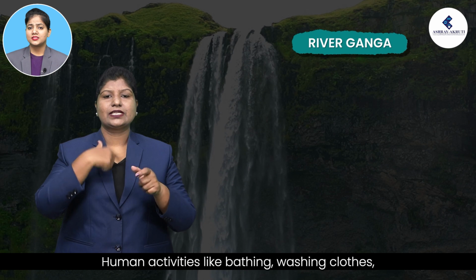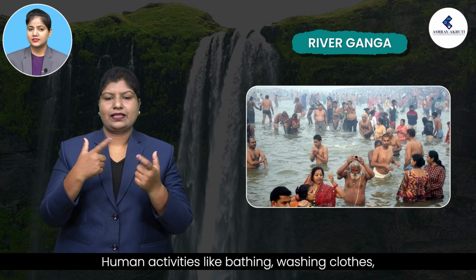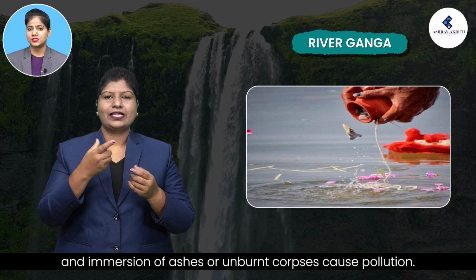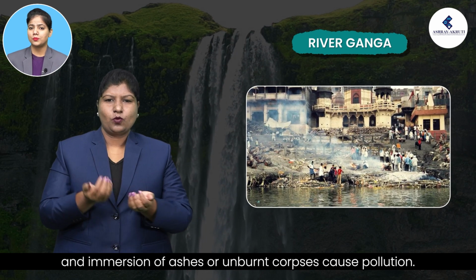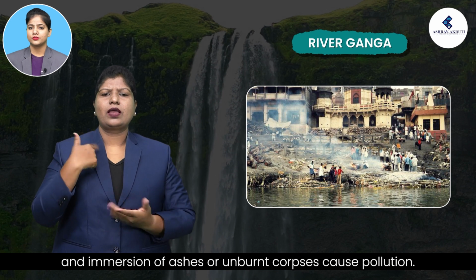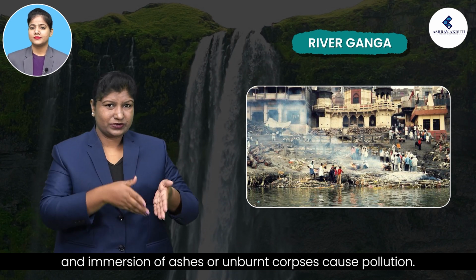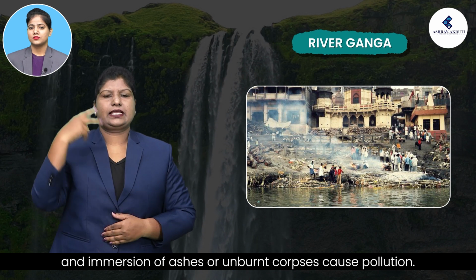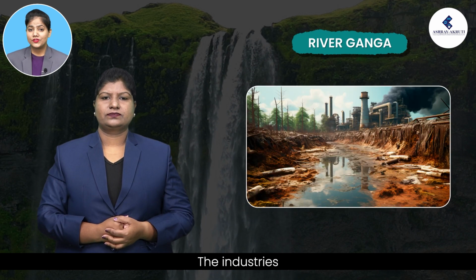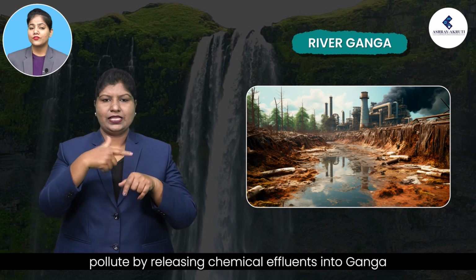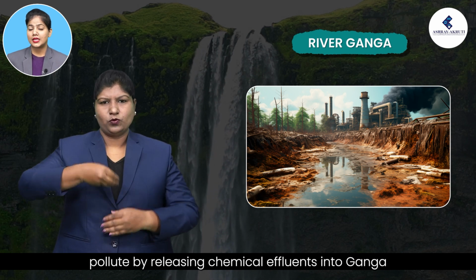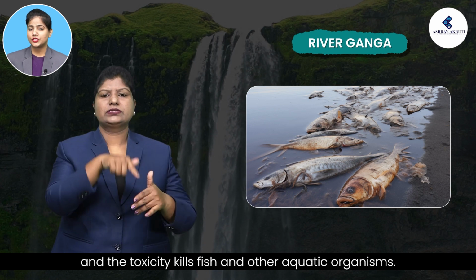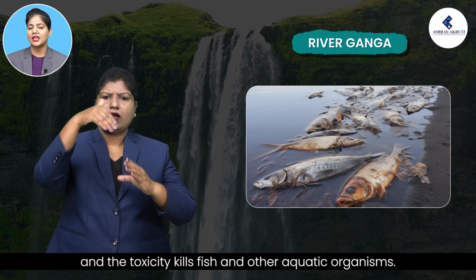Human activities like bathing, washing clothes, and immersion of ashes or unburnt corpses cause pollution. The industries pollute by releasing chemical effluents into Ganga, and the toxicity kills fish and other aquatic organisms.